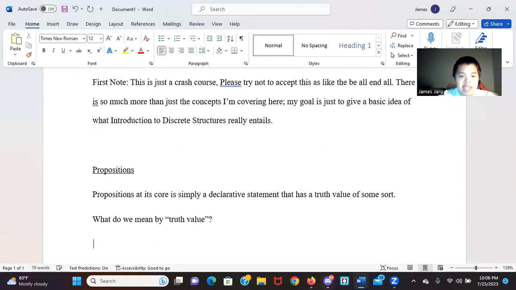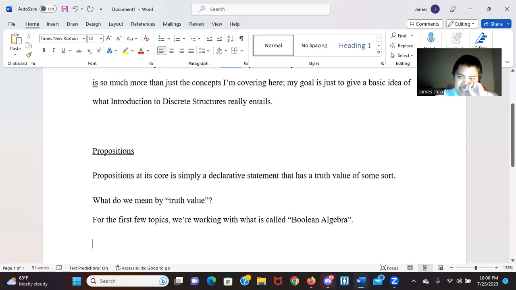For the first few topics, we're working with what is essentially Boolean algebra. The idea with Boolean algebra is that it's algebra, just with truth values, and it has different operations compared to regular math.